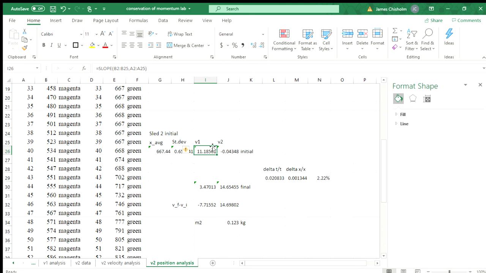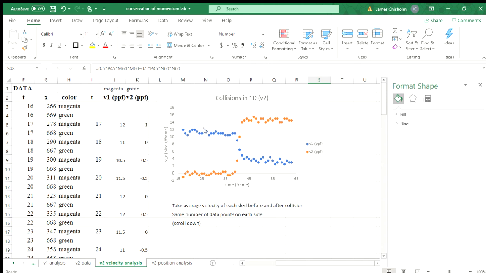The slope function just fits a line through that, and it gives me a velocity of 11.2. Going back to our velocity graph, 11.2, that's about where it should be. And notice that the second method does not take into account friction. Essentially, we've just averaged out over that entire interval rather than just a smaller interval.